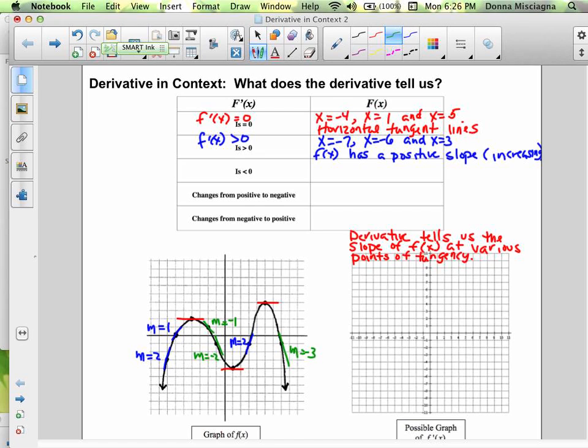And where is f prime of x less than 0? Don't forget, I can't forget to say the prime. So we want to know where is f prime of x less than 0. That's going to be where f of x has a negative slope. It's decreasing.